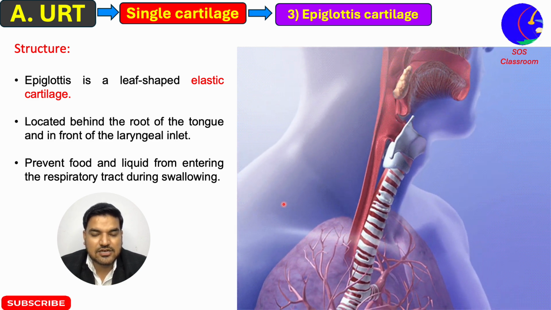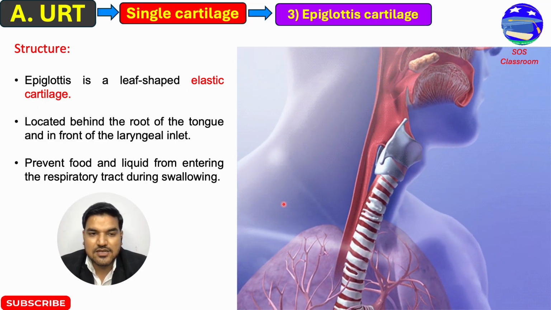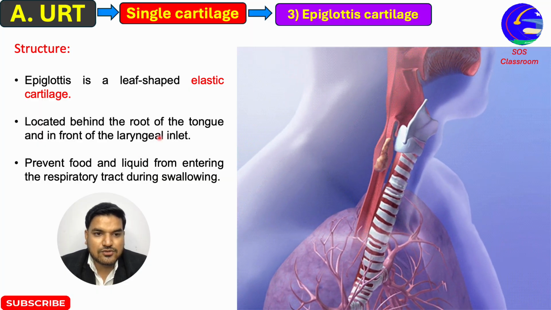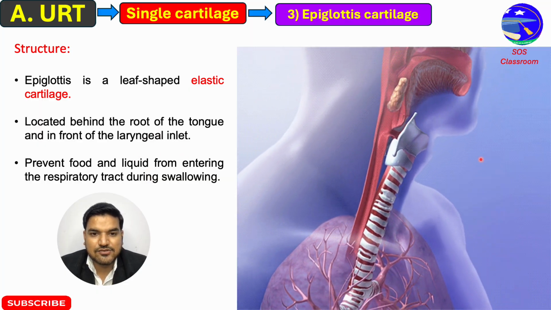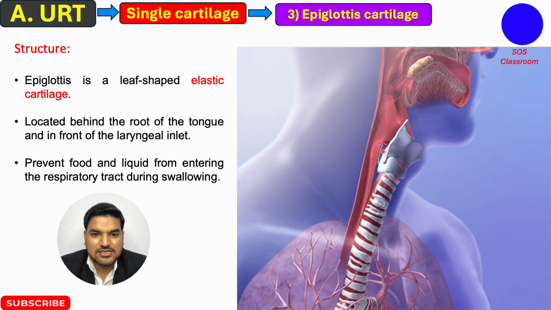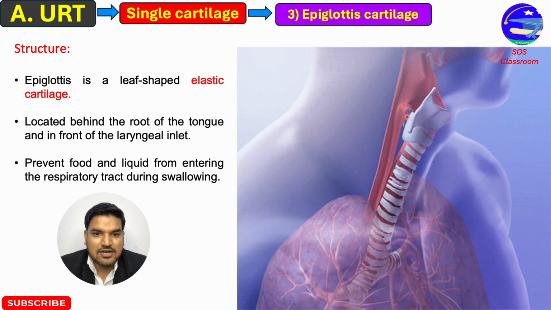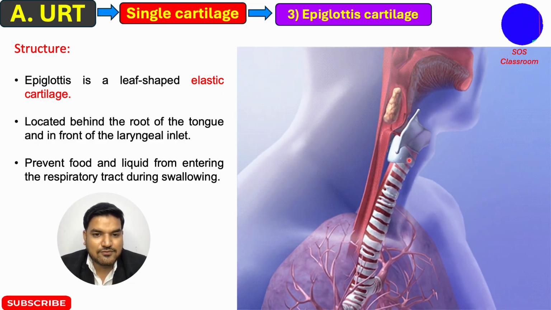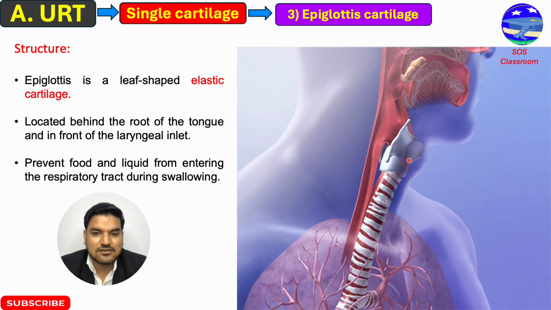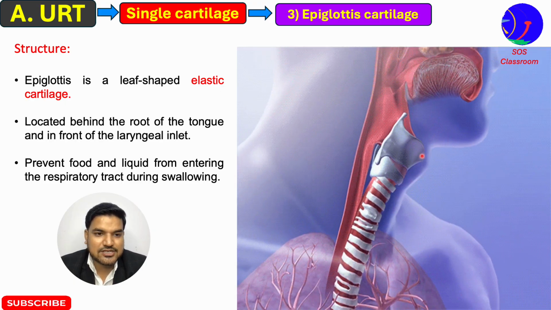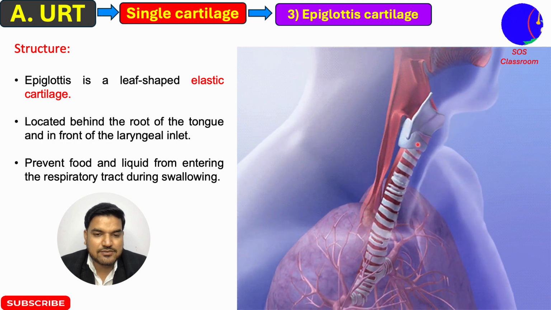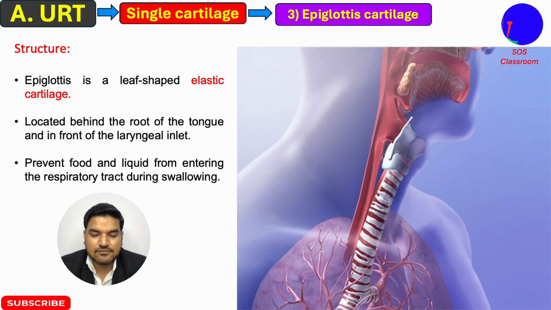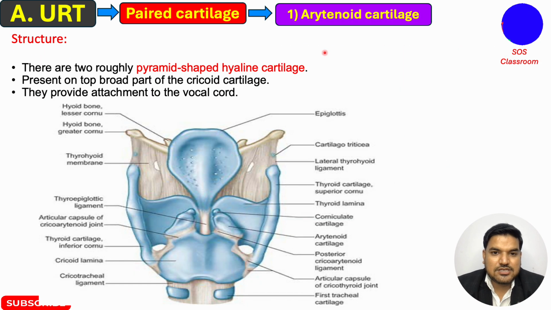Mostly in the larynx and trachea all cartilages are hyaline cartilage, but the epiglottis is made of elastic cartilage. It is located just behind the root of the tongue and in front of the laryngeal inlet, which you can see here. It helps prevent food and liquid from entering the trachea.